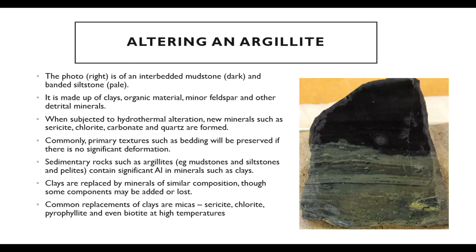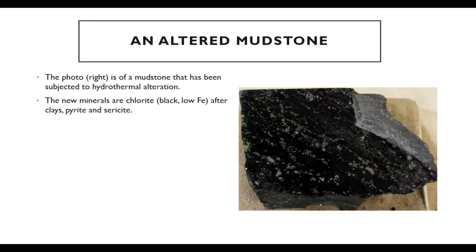So if we're going to replace clays, we commonly replace them by things like sericite, because it's rich in aluminium, potentially potassium. So sericite is just fine muscovite. If we can introduce magnesium, we might be able to find chlorite. So those are the two main variabilities.